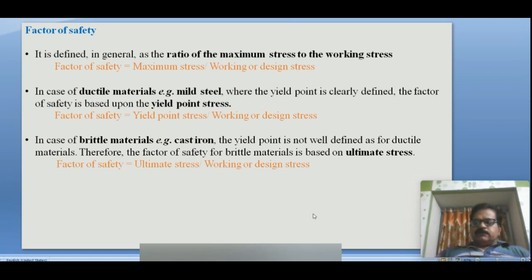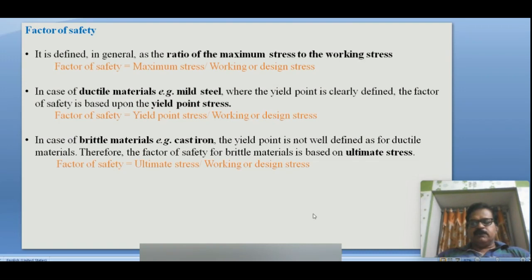If it results in very heavy casualty or very heavy losses, then definitely we are going to use a greater number of factor of safety.